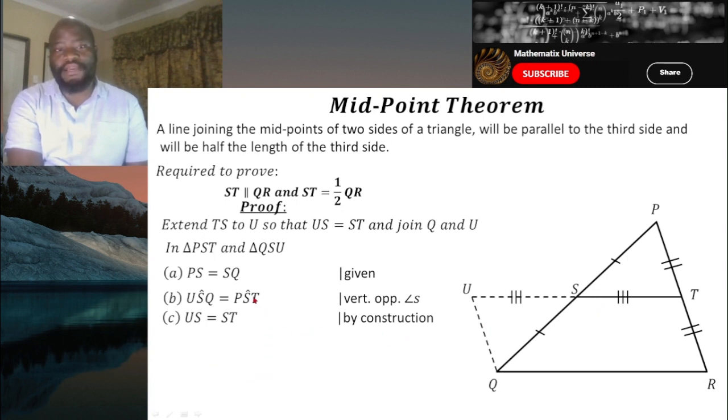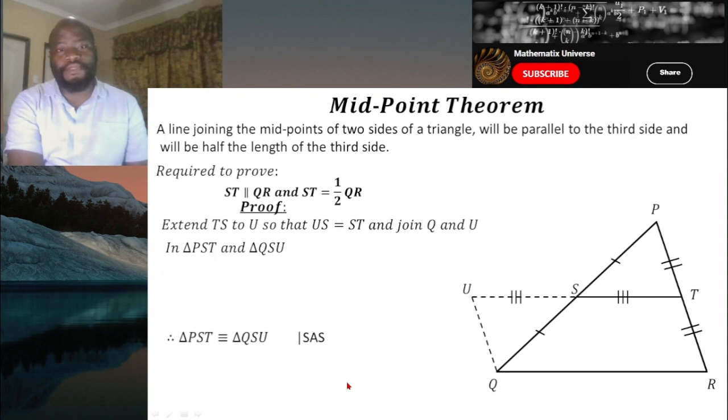Then as you can see now, we have three things that we've mentioned in each triangle, equaling the other three things in the other triangle. And these are two sides and an angle between them. So which means we can conclude and say PST is congruent to triangle QSU. The reason is side angle side, SAS.